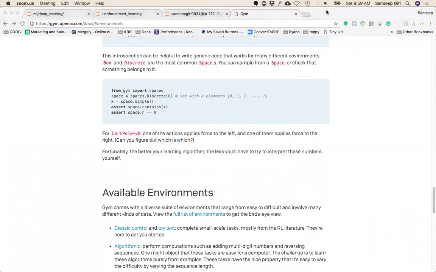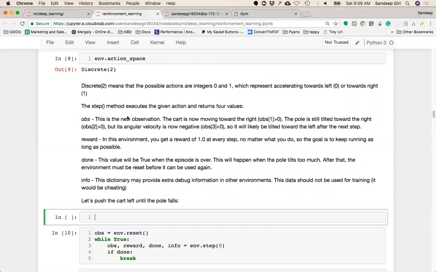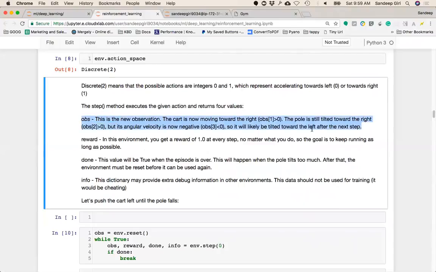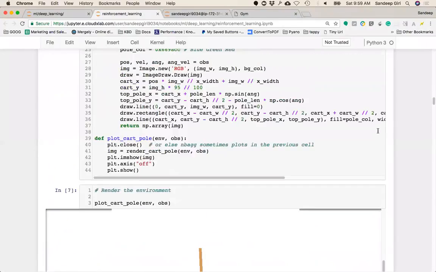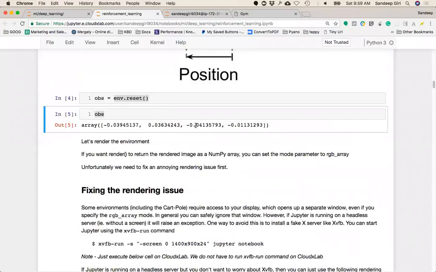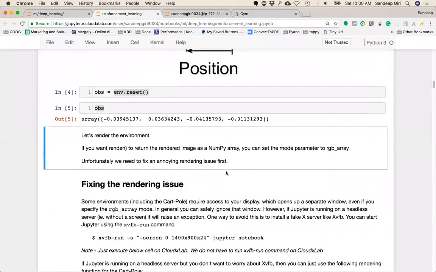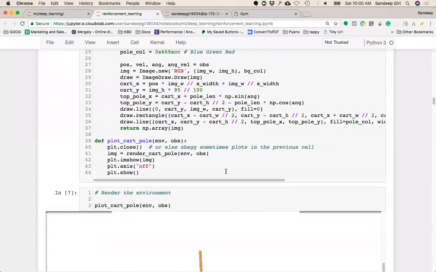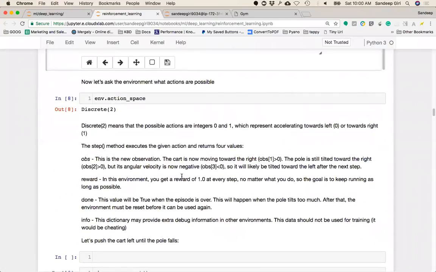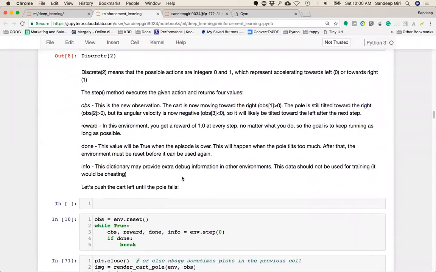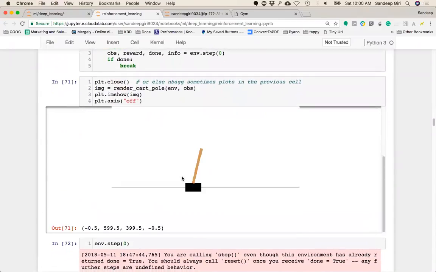Essentially, for now, we can just make a note: these are the various observations, as we talked about earlier. The velocity, the angle, and then angular velocity. Those are the four values.